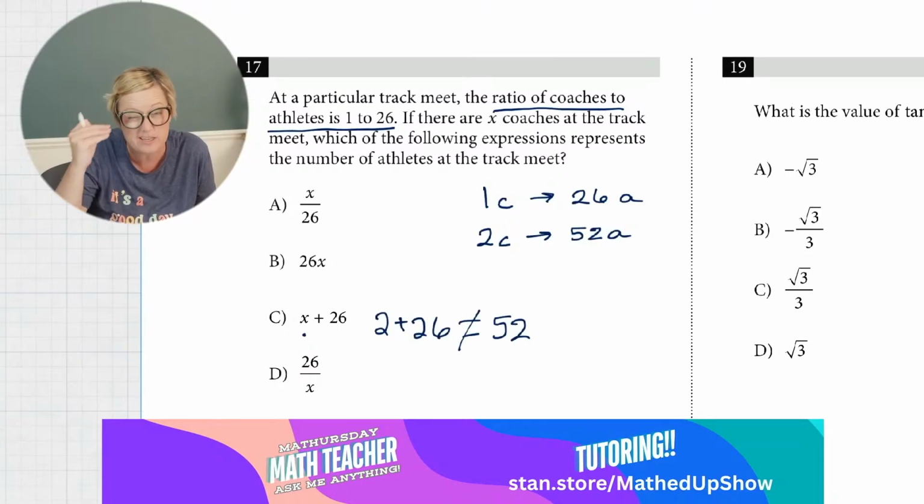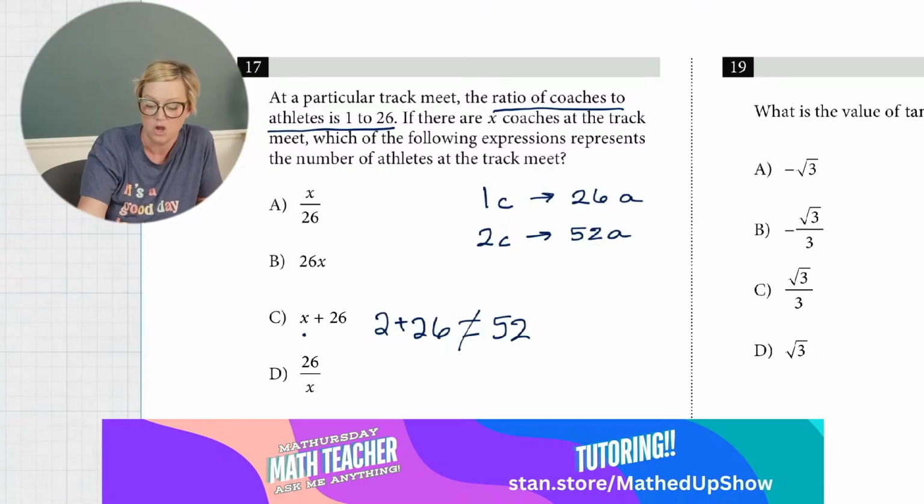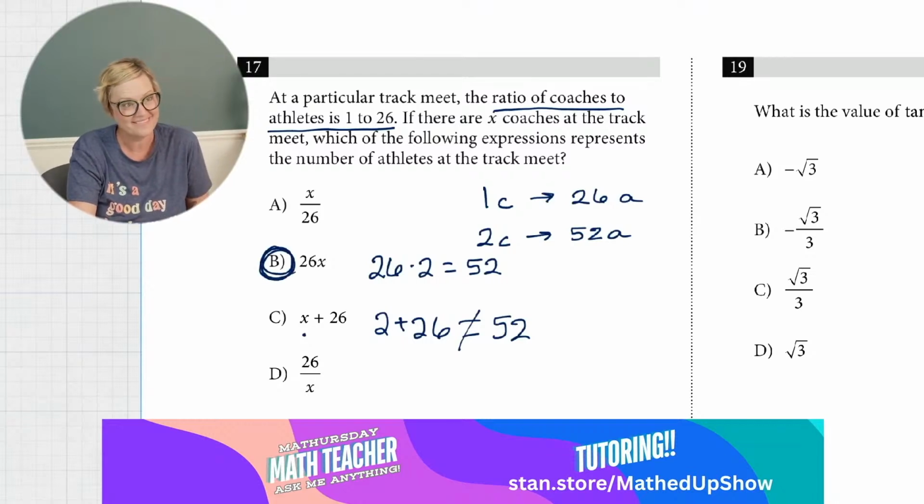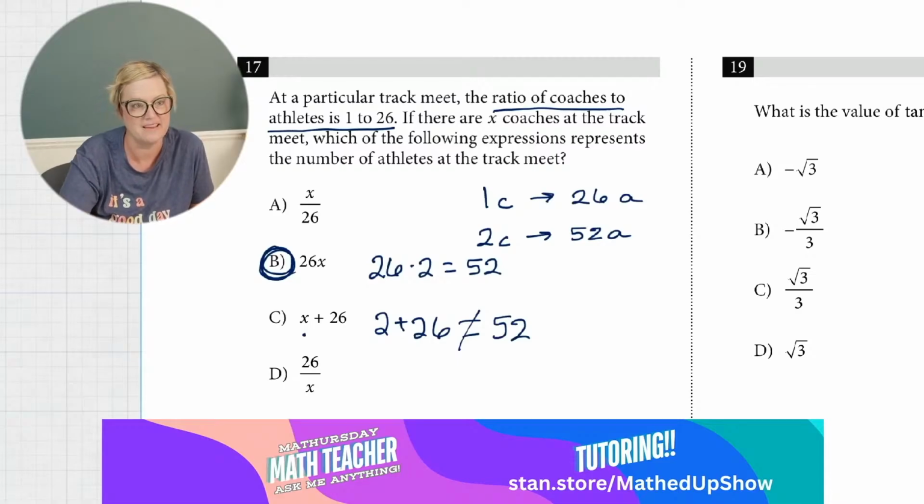But I know that 2 coaches is going to be 52 athletes. So now I can think, what is 26 times 2? That's going to give me 52. So my answer for this one is B. Okay, so it is B, 26x. Good job, Peyton. You got it.